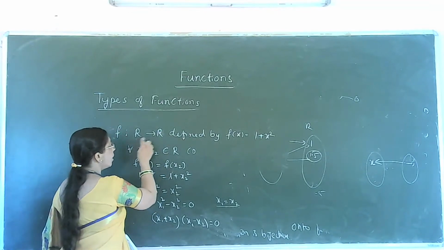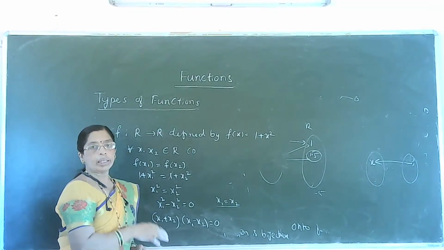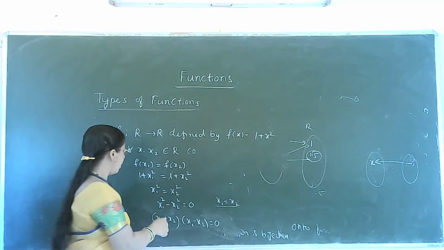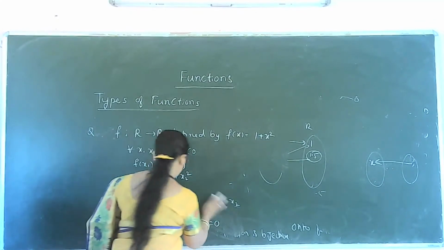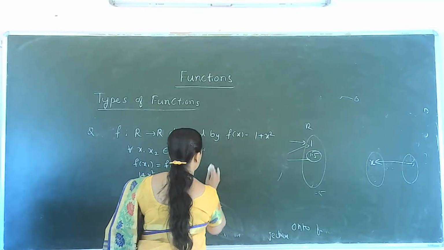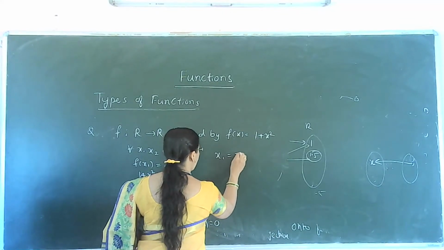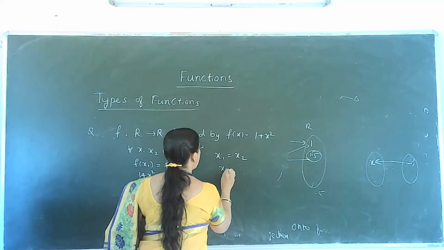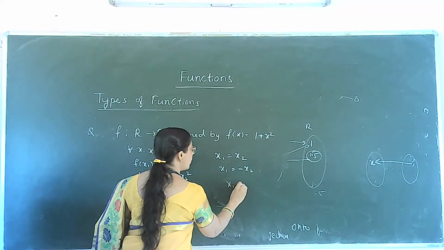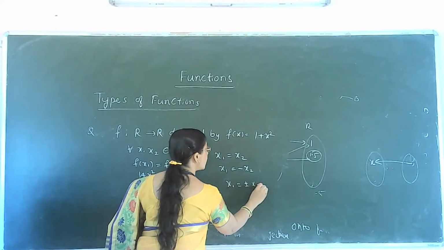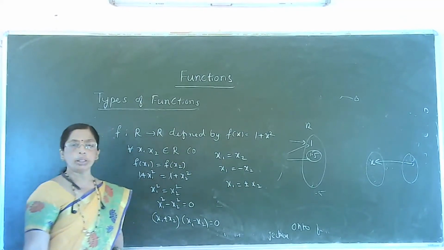But in this case, it is R to R. Here negative numbers are also included. Therefore, x1 plus x2 times x1 minus x2 is equal to 0. Therefore, x1 is equal to x2 and x1 is equal to minus x2 also. Therefore, x1 is equal to plus or minus x2.